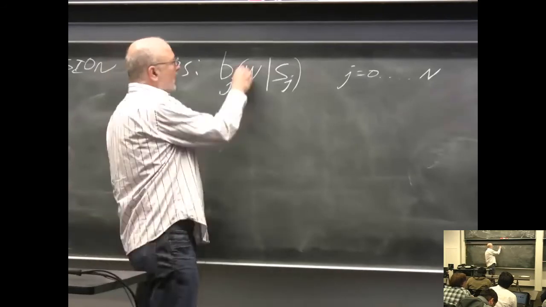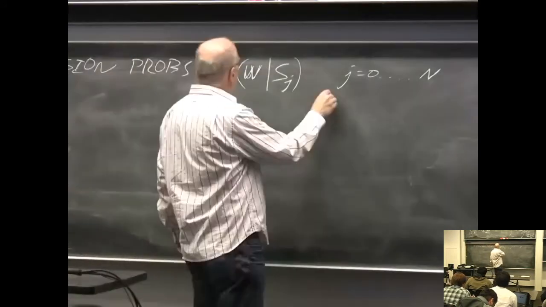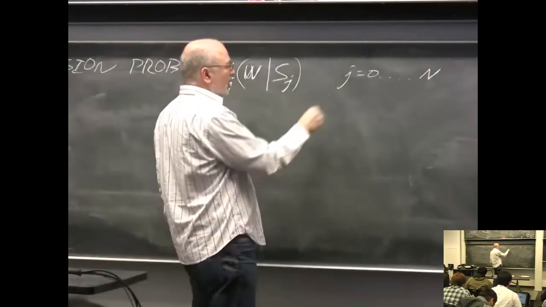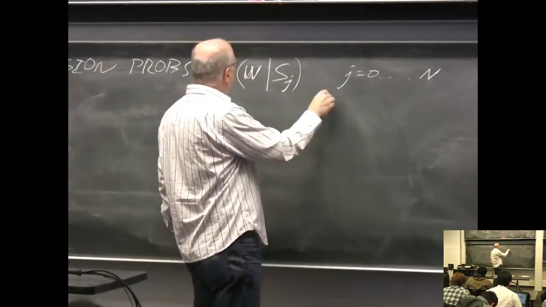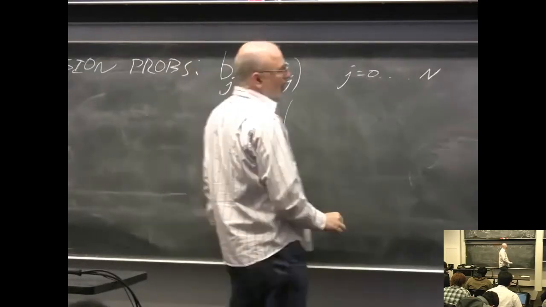Because the words come from a finite vocabulary, I can capture the B_Js in a matrix too, although this matrix is not necessarily square.